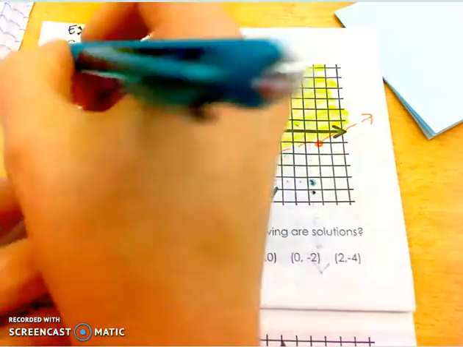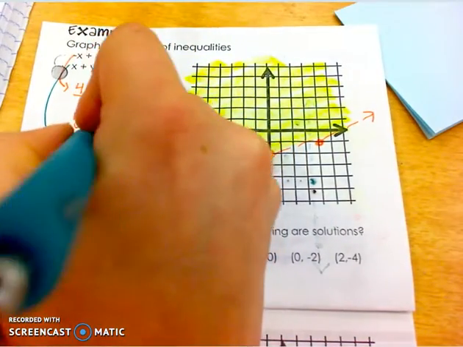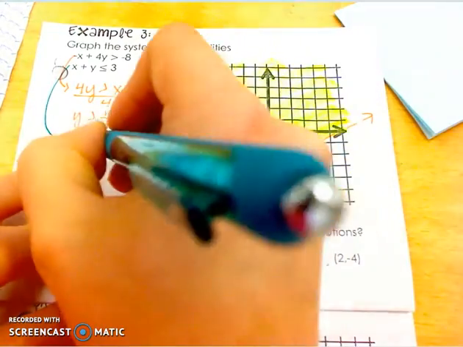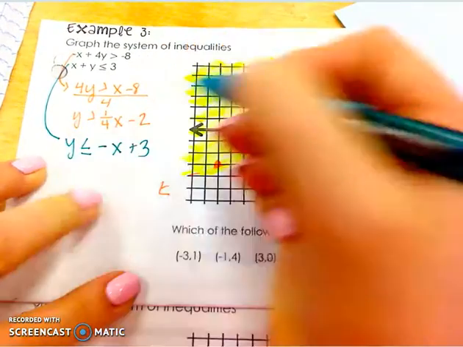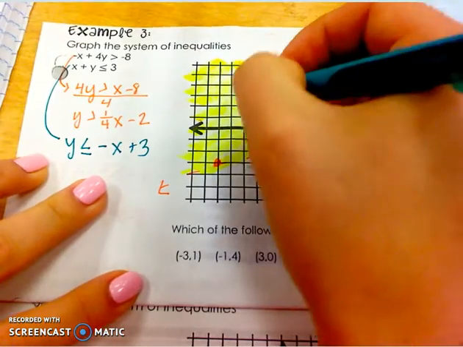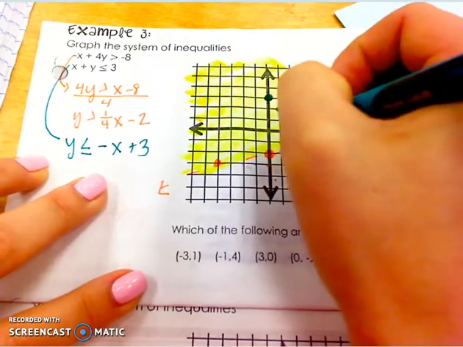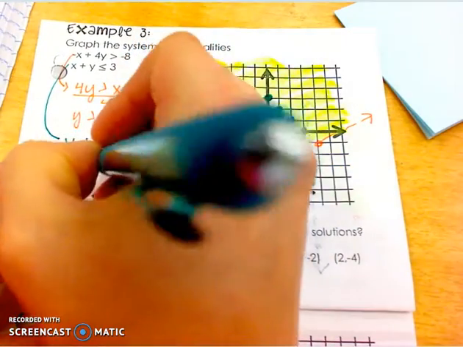The second one, y is greater than or equal to negative x plus 3. 1, 2, 3. Down 1, right 1 is your slope, because that's an invisible -1 over 1.